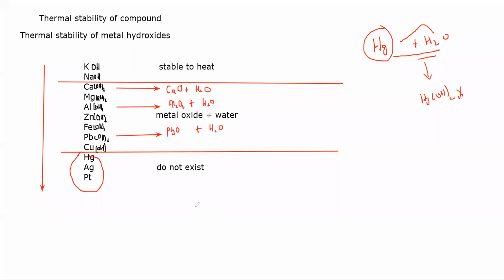So we have this equation: calcium hydroxide, on supplying heat energy, forms metal oxide plus steam or water. This type of reaction, when we have one reactant and more products, is known as thermal decomposition.